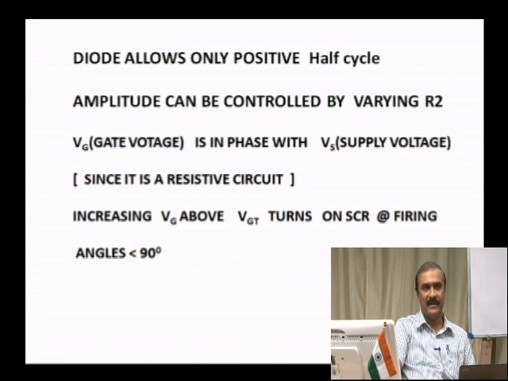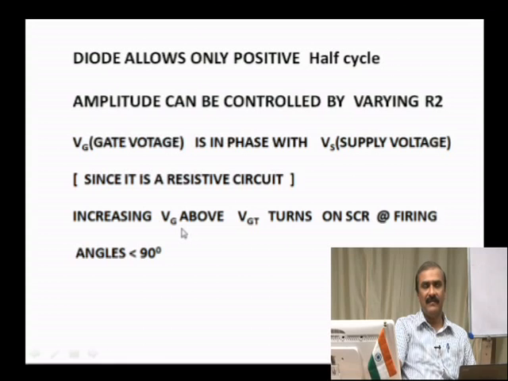It is a potentiometer. So, Vg is a gate voltage, it is in phase with the supply voltage. Since it is a resistive circuit, it is very well known that voltage and current are in phase. Now, these two parameters, gate voltage as well as supply voltage, are in phase.